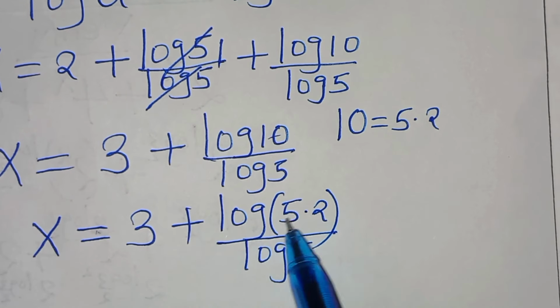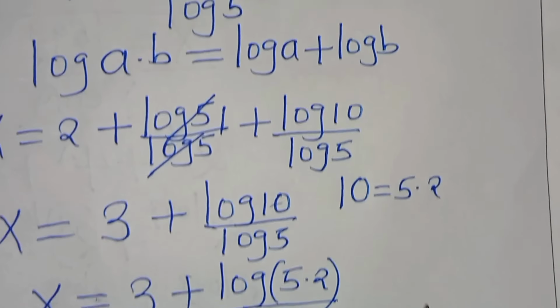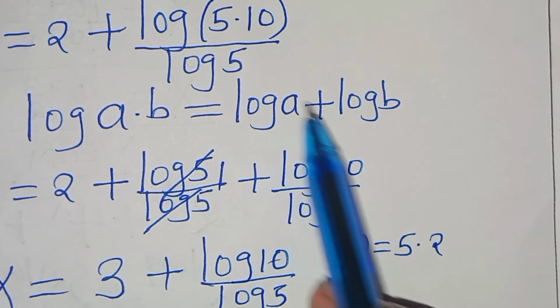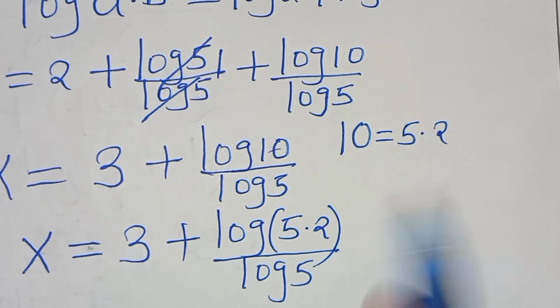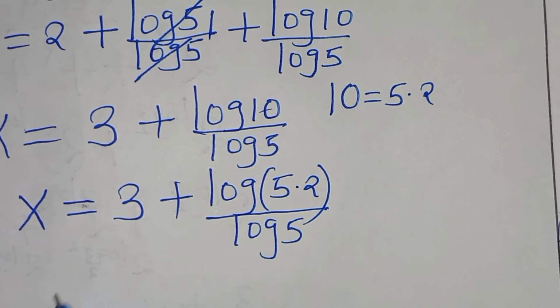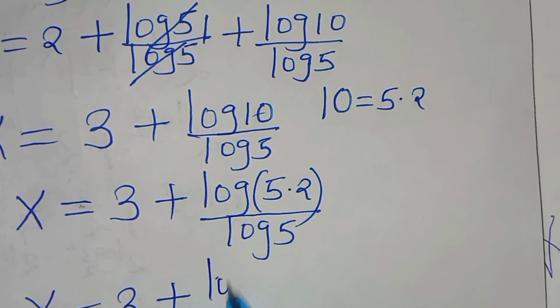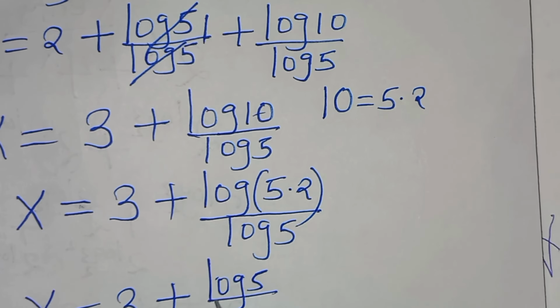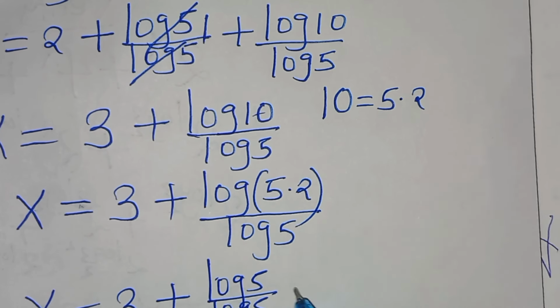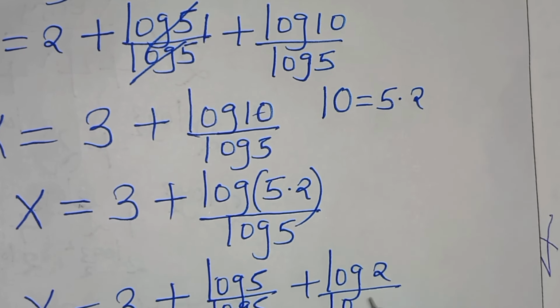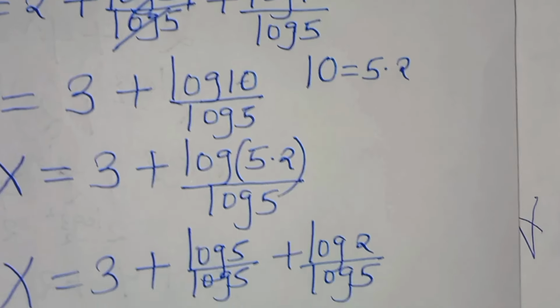Now, log 5 times 2 is in the form of log A times B, which you can express as log A plus log B. So let's apply this property, so that now x is equal to 3 plus log 5 divided by log 5, then plus log 2 divided by log 5.